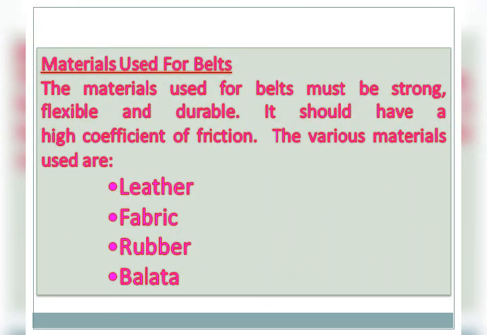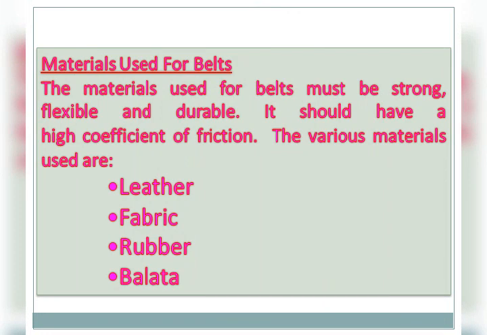Next topic will be the various materials used for belts. The materials used for belts must be strong because they have to transmit high power, and the driven pulley generally takes load, which the belt is supposed to bear.